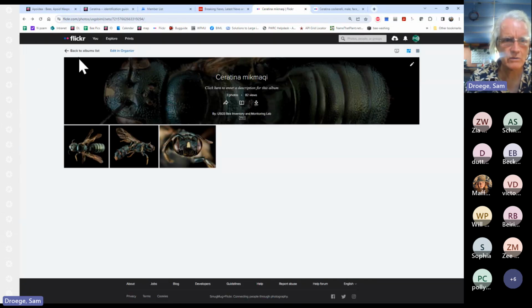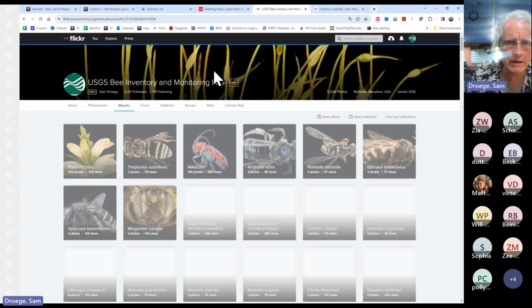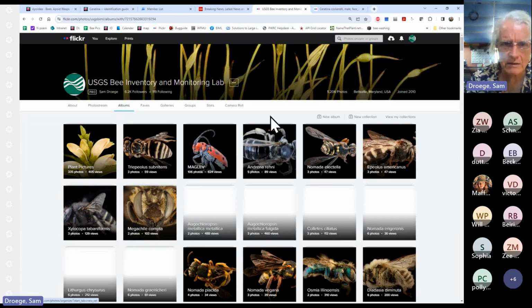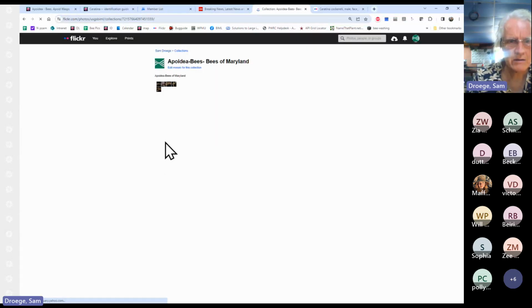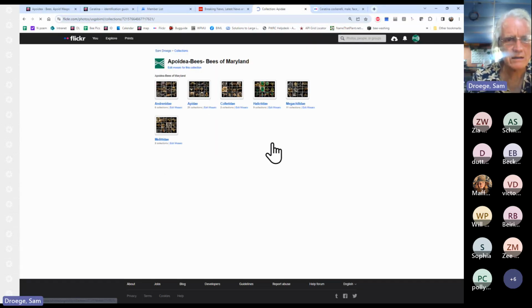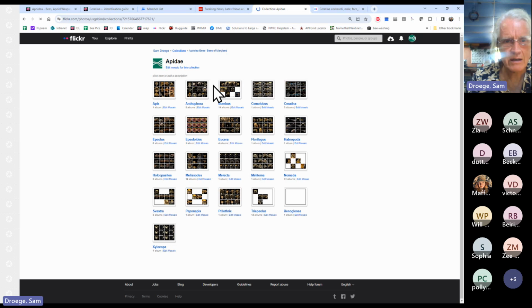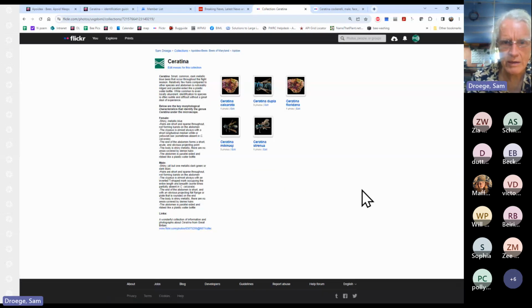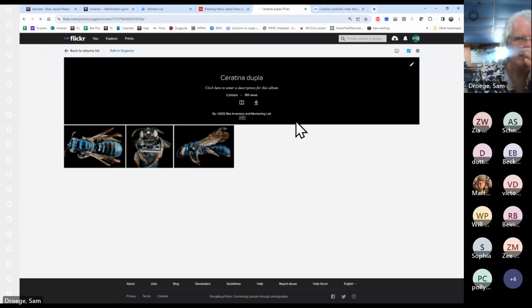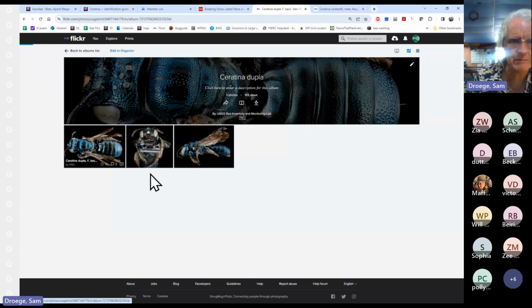And if we go to albums, sorry, albums, my collections, all the bees of Maryland, Apidae, it's the family, has Ceratina, and I was hoping that we have dupla. We do, and this hopefully will illuminate the pitting pattern.